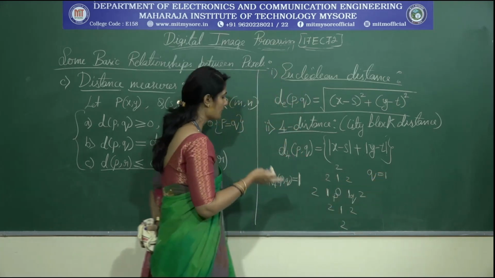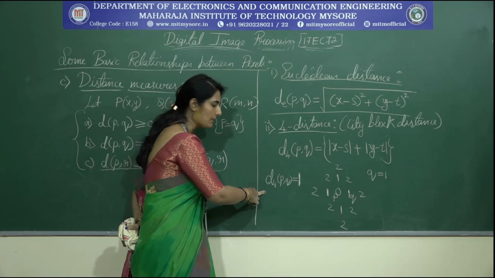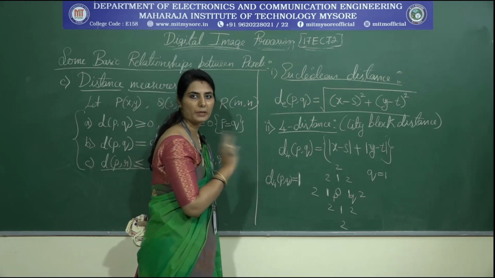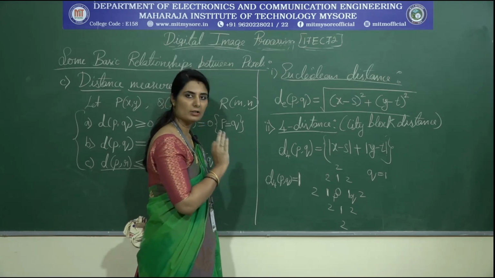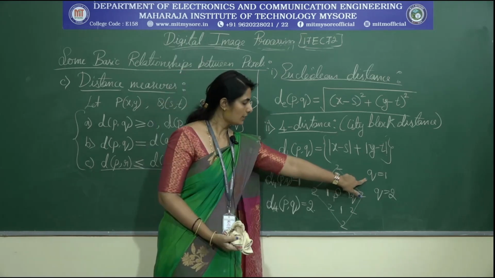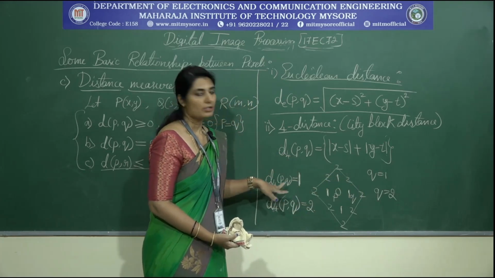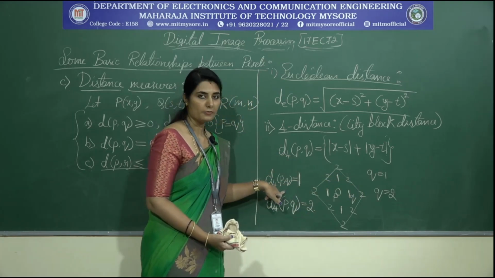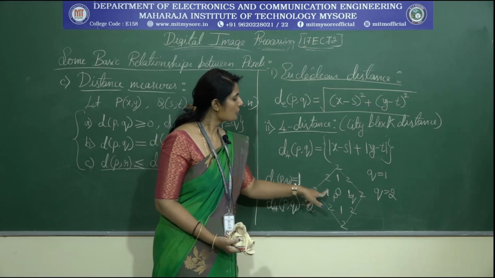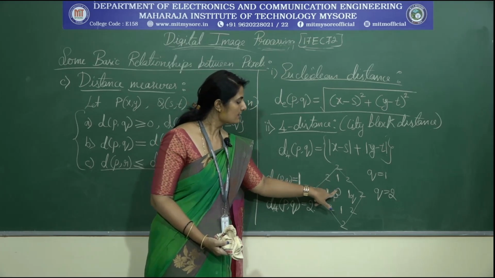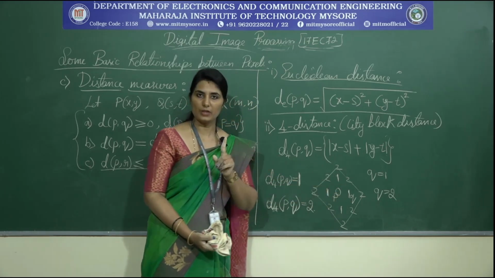So Q being the D4 distance of P means that Q should lie among the 4 neighbors of P. It should lie in the set of 4 neighbors of P. When the distance of Q is equal to 1, then we say that Q is at D4 distance 1 of P. That means Q should lie among the 4 neighbors of P, and the distance of the 4 neighbors of P is 1.